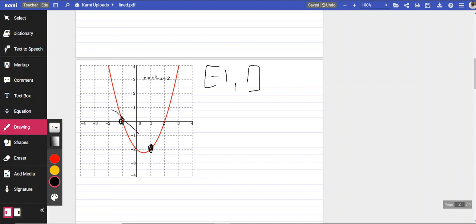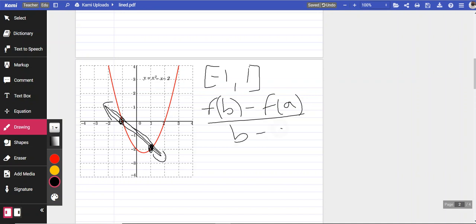What can you predict the slope of this secant line is going to be? The slope clearly is going to produce some sort of negative value. So I find f of b minus f of a all over b minus a.